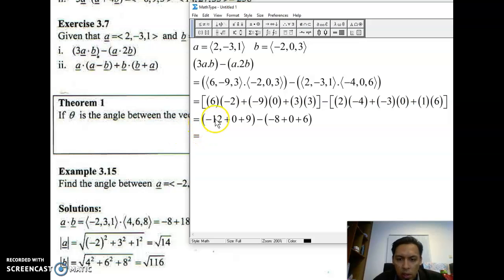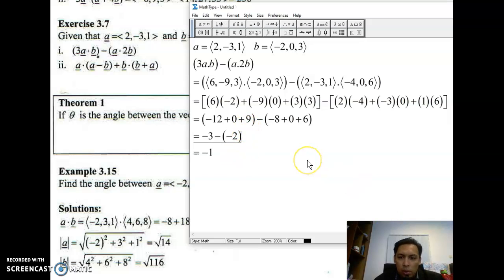So we have here -12 plus 9, which is -3, minus -8 plus 6, which is -2. So this will give us -1, negative 1. Okay, so this is how you do it.